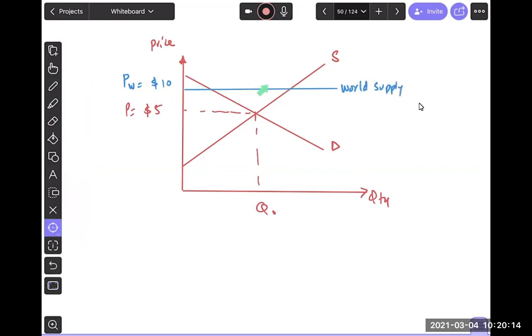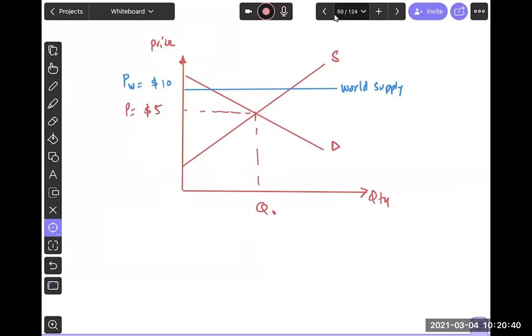What does perfectly elastic mean? Anyone? Perfectly elastic means that at the going price, you can sell an infinite amount of quantity. If I am a world producer, I can sell any quantity at the going price.